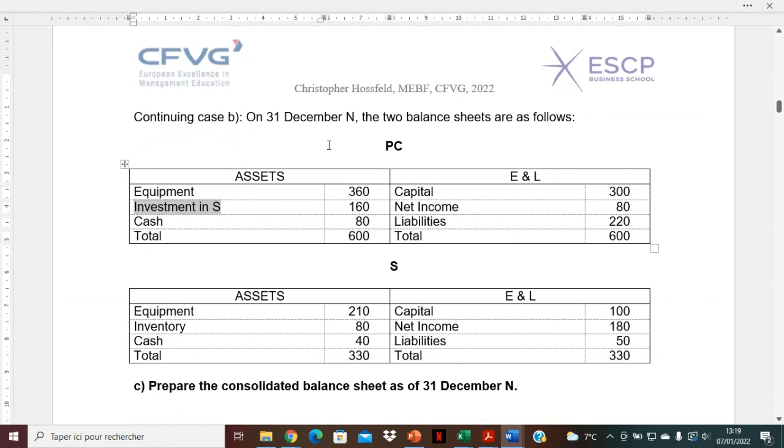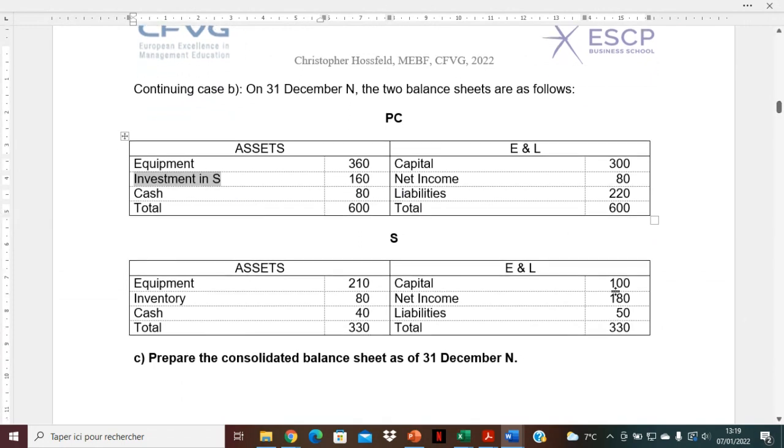And obviously we are now 9 months after the acquisition. That means both balance sheets have changed since then, because in the individual balance sheet, I do my daily accounting and obviously asset and liability numbers change over time. And then we are at the end of the year. And now, once again, I need to prepare the first official balance sheet because we are as of December 31st. So how do I do this?